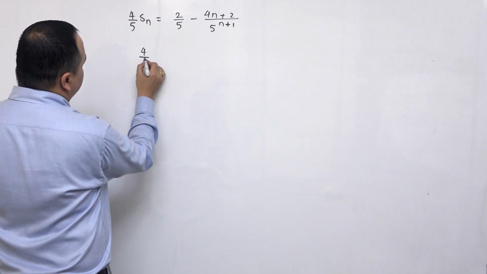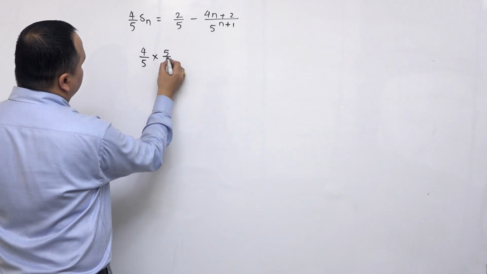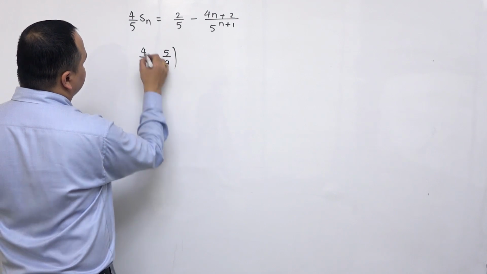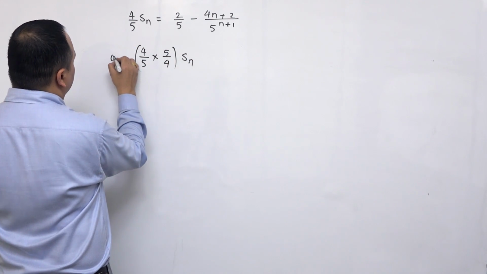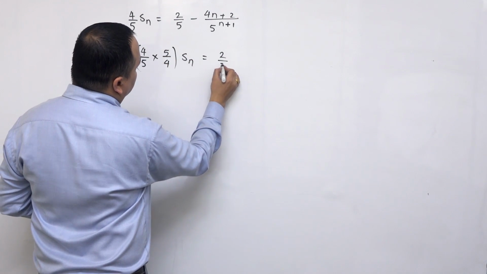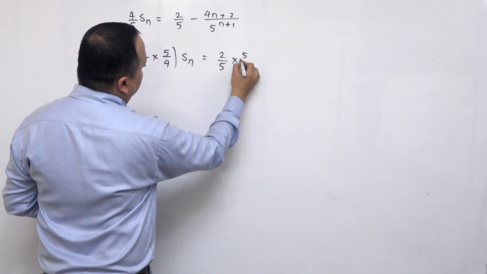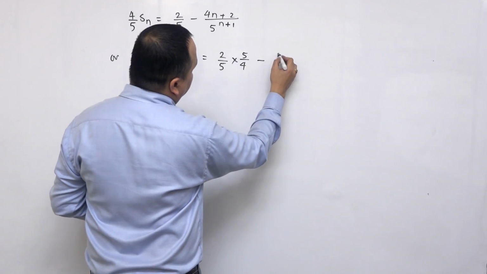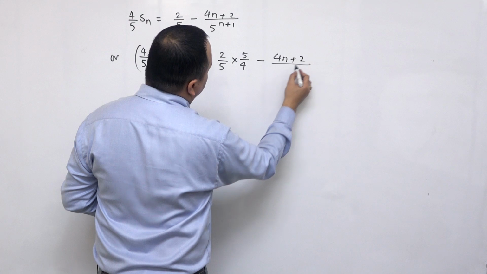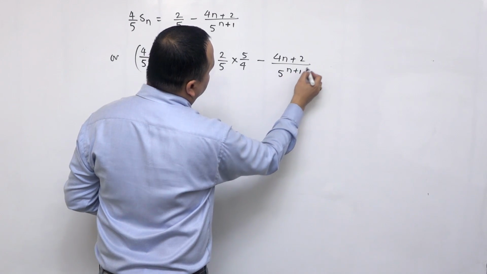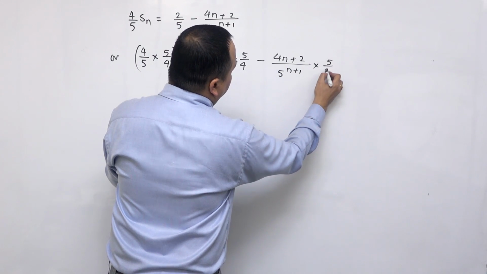The 4 upon 5 into 5 upon 4 Sn is equal to 2 upon 5 into 5 upon 4 minus 4n plus 2 upon 5 to the power n plus 1 into 5 upon 4.